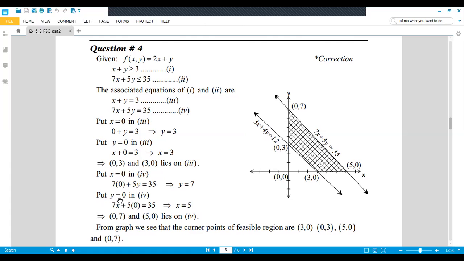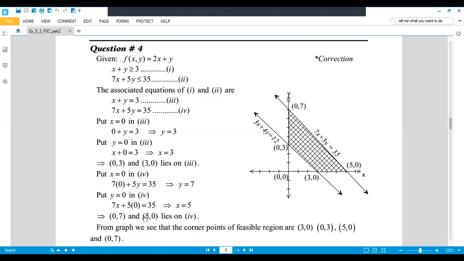Now we put y equal to 0 in equation number 4. So 7x plus 5 into 0 is equal to 35, and this will be 0. 7 is multiplied here, shifted to the other side, divide. So 35 divided by 7, x is equal to 5. So (5, 0).